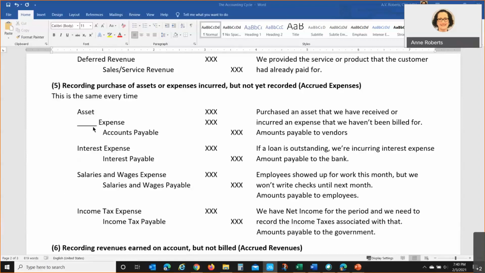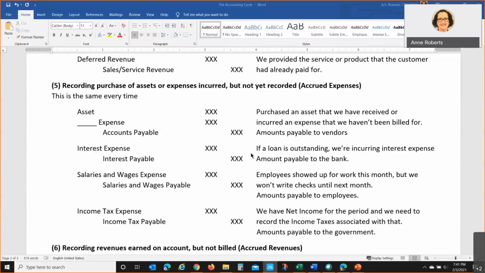I'm looking at, we've bought some kind of asset, or we've used some kind of expense. We've got to record the payable. So this is from the asset and expense side up here. If we keep rolling down the balance sheet, I'm just kind of working my way down a balance sheet.